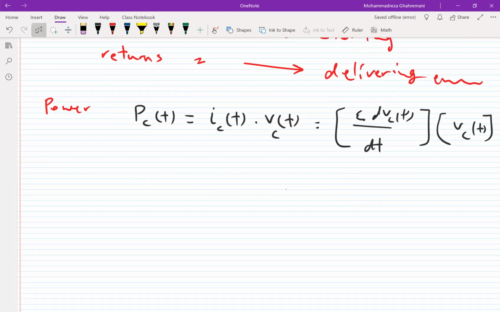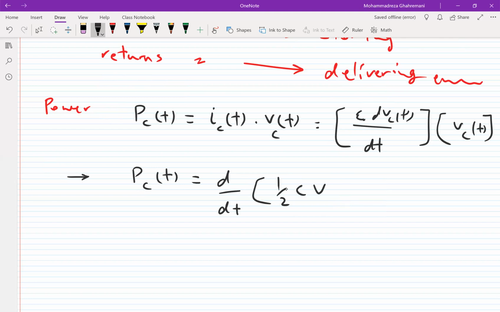If we simplify this equation, we will have that the power of a capacitor is equal to the derivative of 1/2 C V squared.